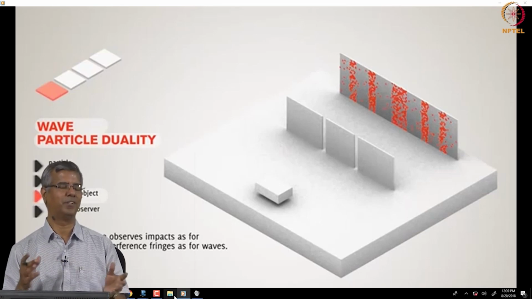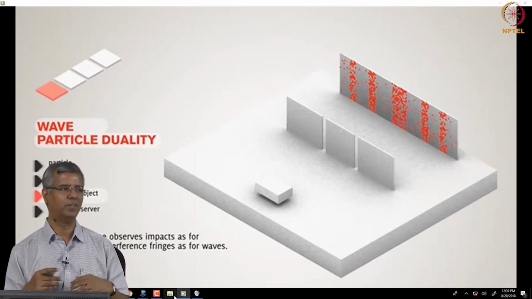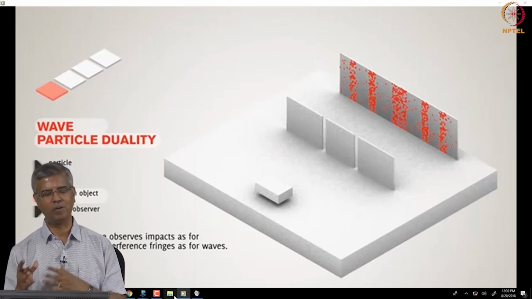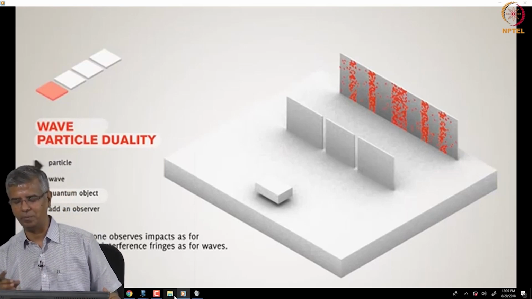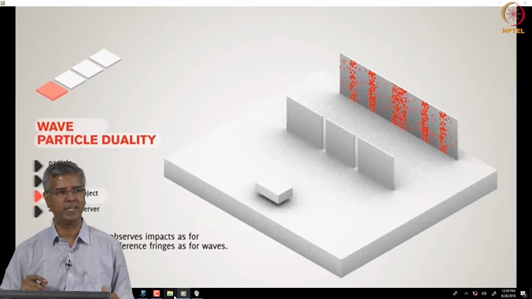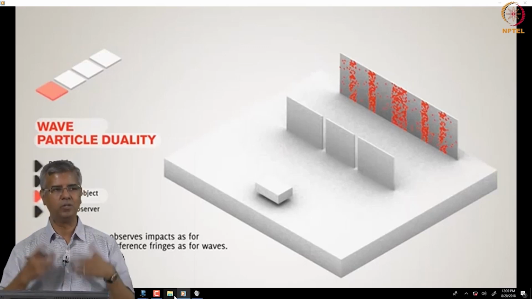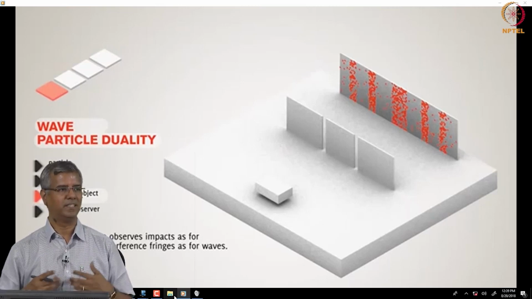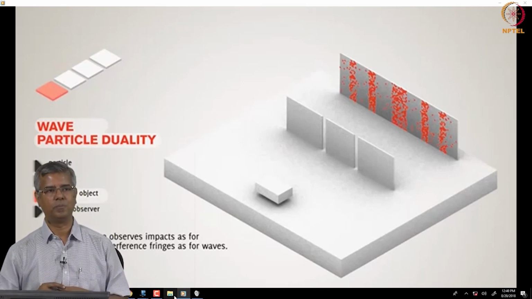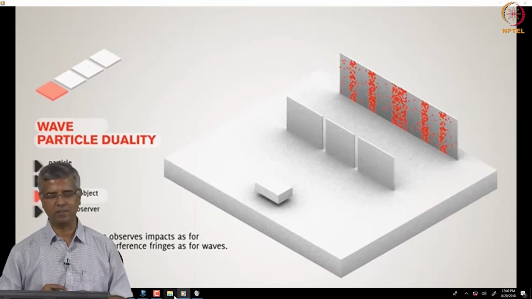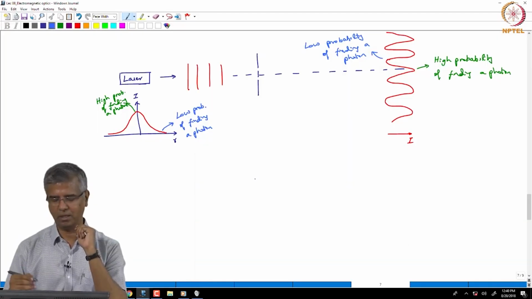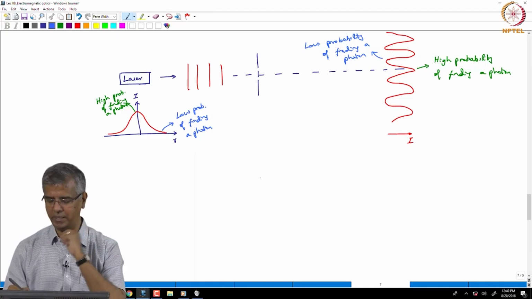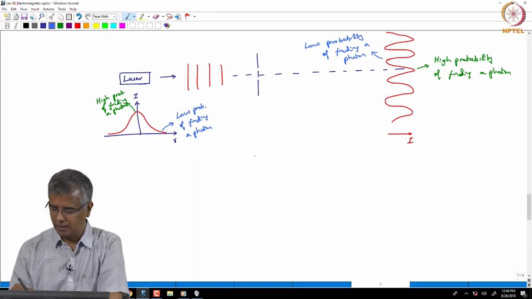So you always say high and low, but you could always find one of these photons showing up in the so-called dark band. Unless it is absolute zero intensity, you cannot rule out the probability of finding a photon there. So the question is, does the total probability correspond to 1?